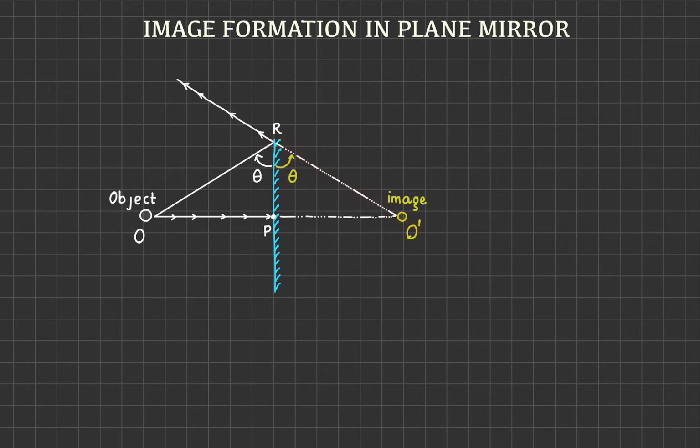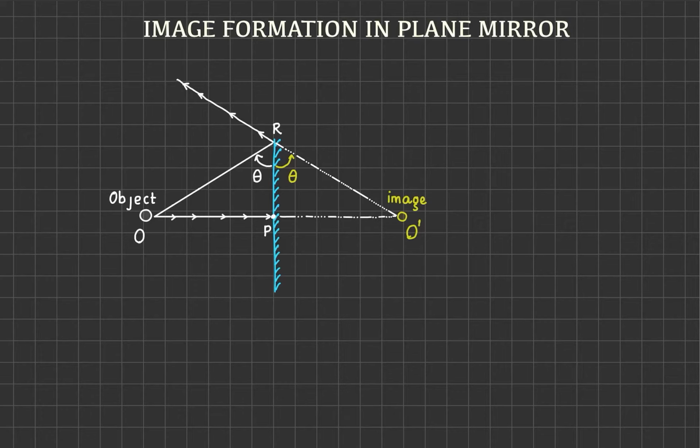So basically on the back side of the mirror we get two straight lines, one which is going perpendicularly like this and the other one which is coming from R like this. The intersection of both those lines will give us the image point, and we have given it the name O dash.